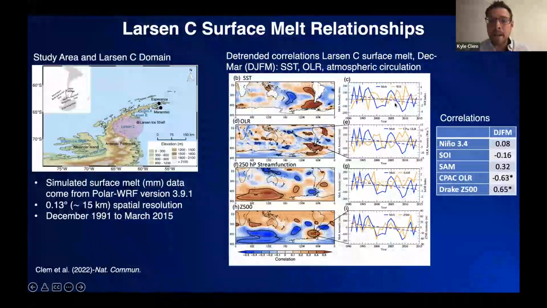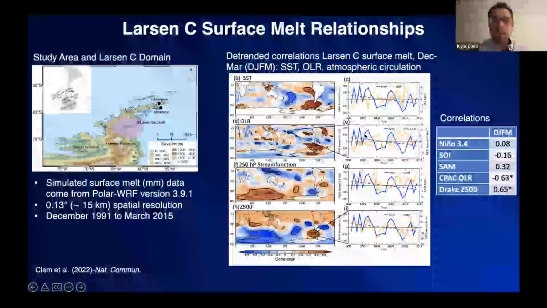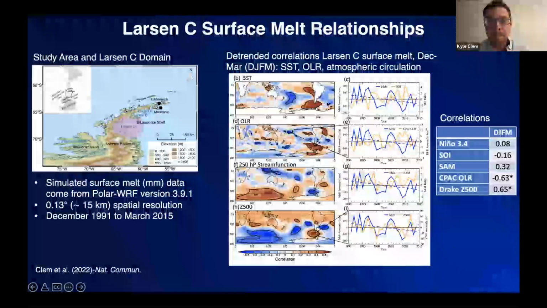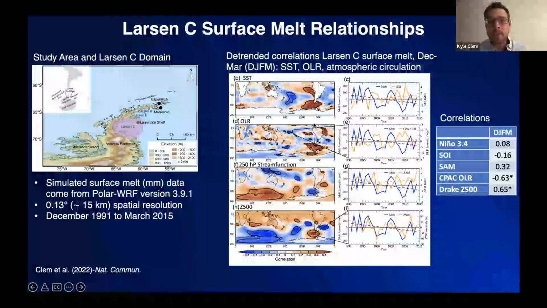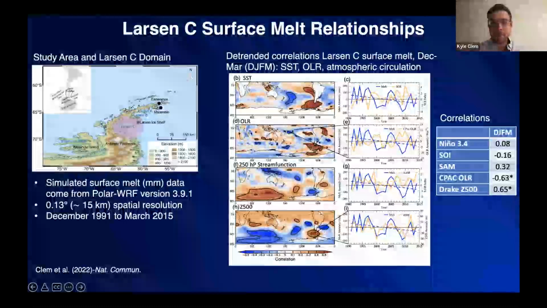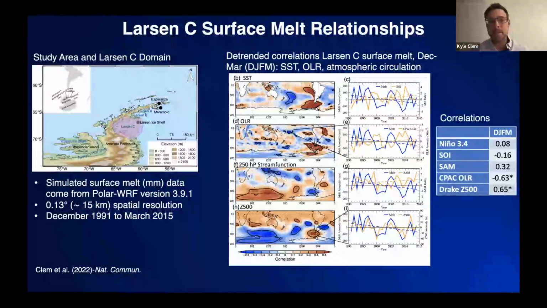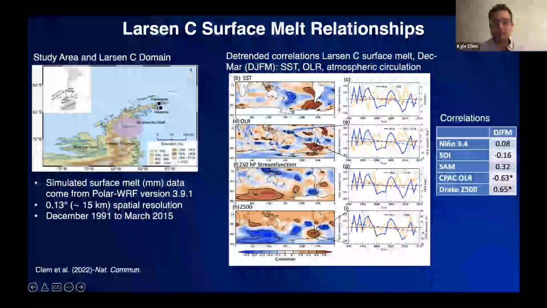measurements. And shown on the right are correlations with sea surface temperature, outgoing longwave radiation, which gives us a proxy for the presence of deep tropical convection, which would be in the blue here. So negative outgoing longwave radiation is associated with deeper convection and colder cloud tops. And then the stream function and 500 hectopascal height fields on the bottom left two panels.